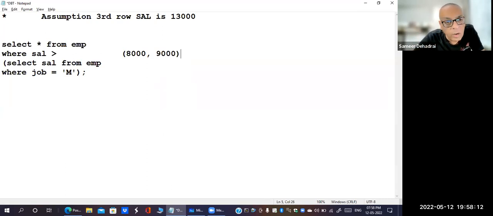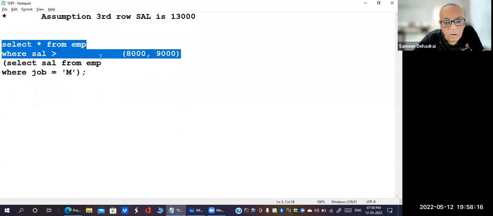After which my main query will execute. Select star where sal greater than two values will give me an error. What is it that I exactly want here? I want sal greater than 8,000 and sal greater than 9,000.